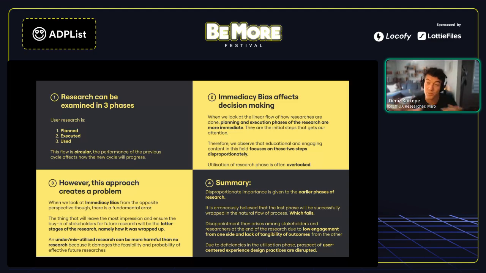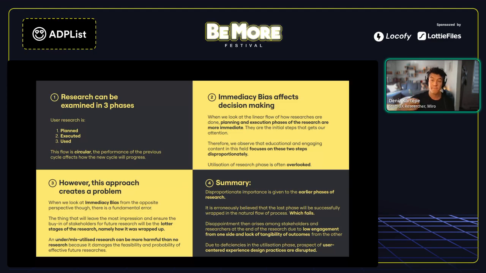But this approach creates a problem because when we look at the immediacy bias by turning it on its head, we see how important that last part is for the next cycle. And the thing that will leave the most impression and ensure that we will get the buy-in is actually that latter stage of the research. How we finish it with a bang, how much engagement we get, and how people feel elated and enabled by the research.